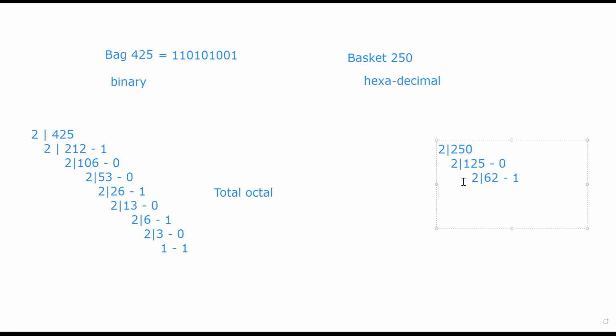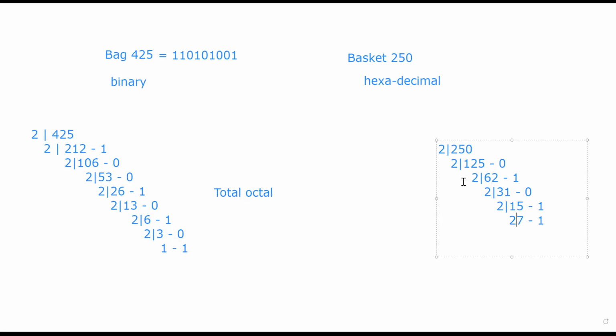Then this becomes 31. Remainder is 0. Again, I'll divide by 2. Then this becomes 15 and remainder is 1. Again, I'm going to divide by 2. So this becomes 7, remainder is 1.